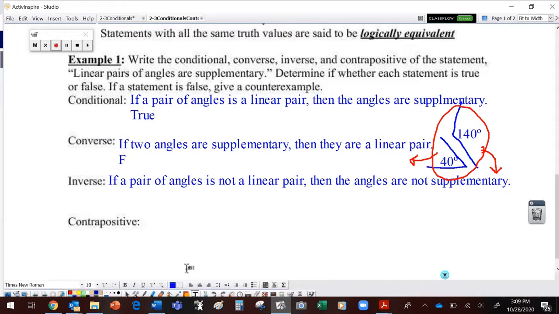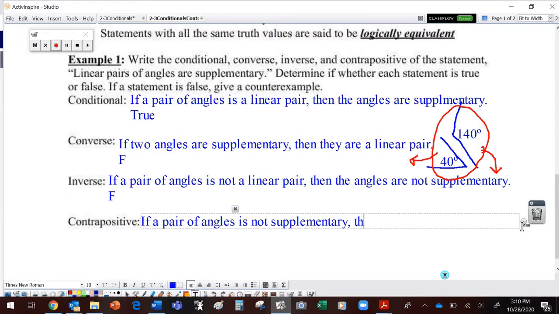Then we come back to the contrapositive, and I should say that the inverse is false here. For the contrapositive, we take the original statement, reverse the order, and negate both. So we can say if a pair of angles is not supplementary, then it is not a linear pair.